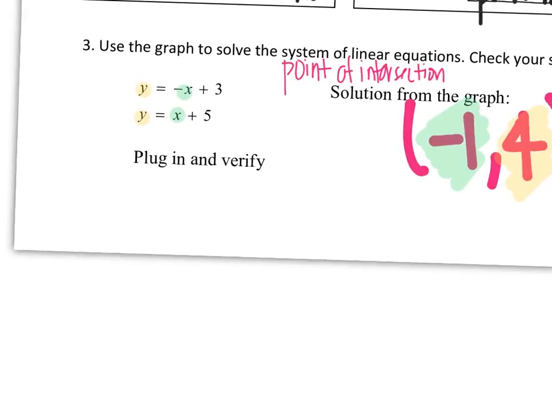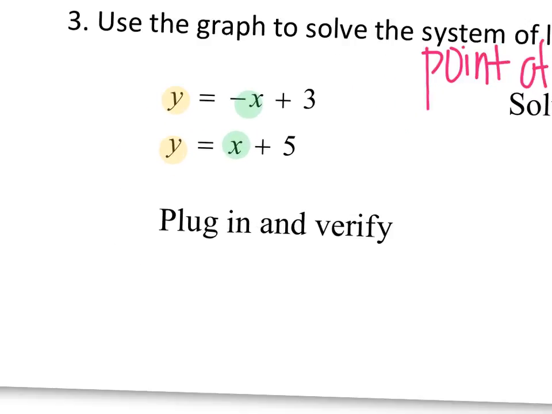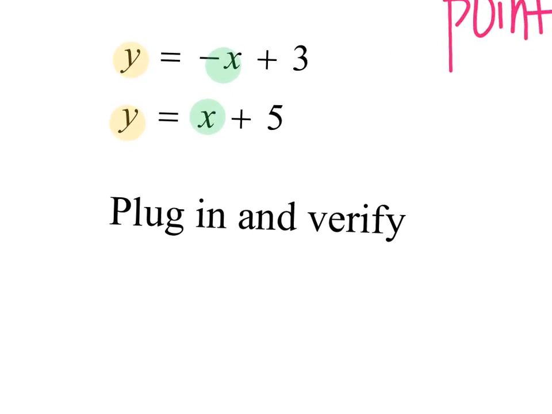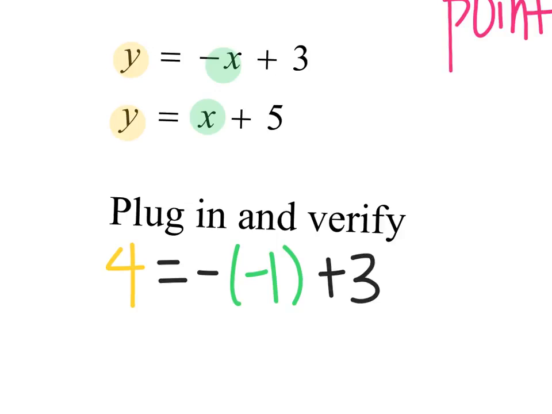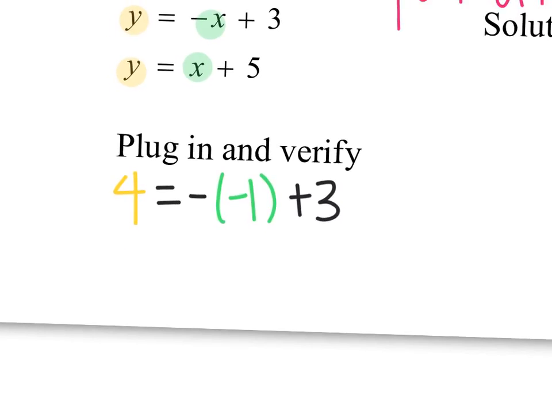So I'm going to write that down here at the bottom. So instead of y equals, we're going to have 4 equals negative, and instead of x, I'm going to plug in -1 plus 3. So we're going to see if it works for that first equation. So the left side is still 4 equals.